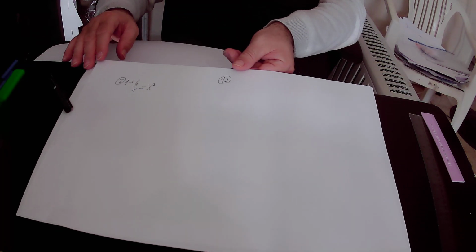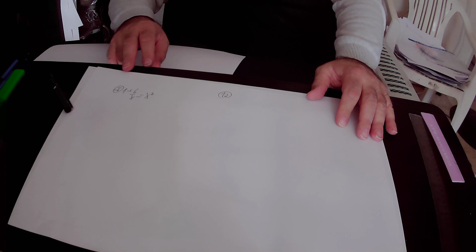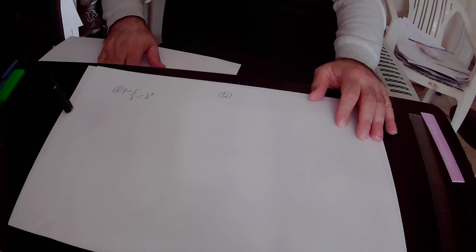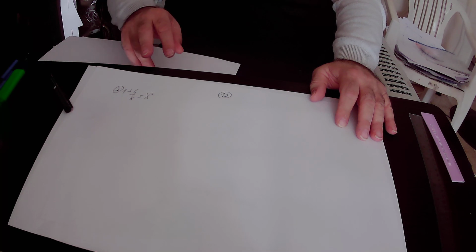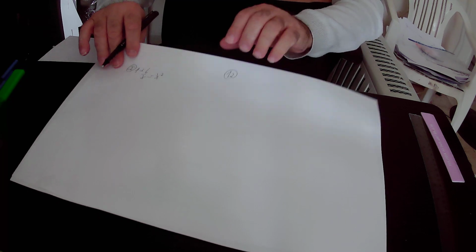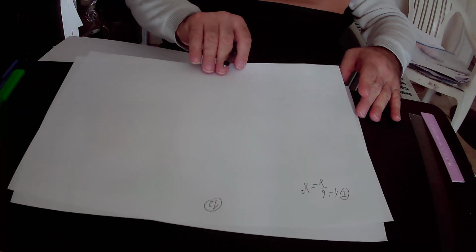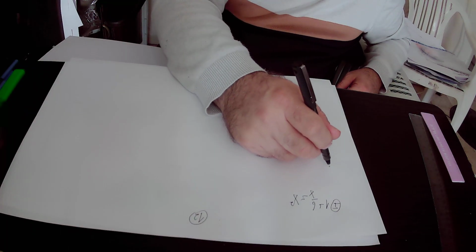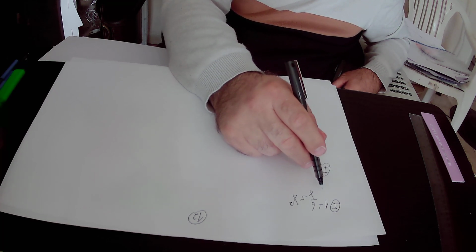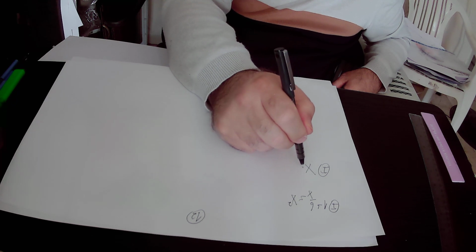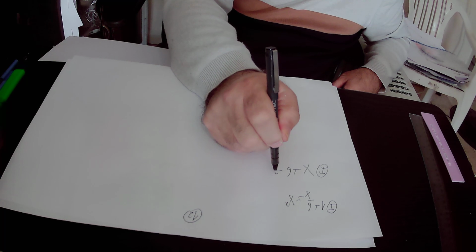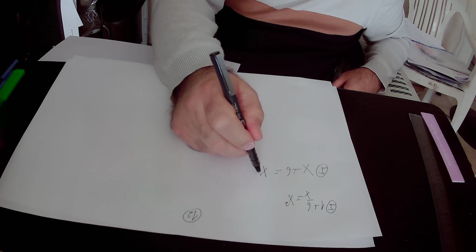So we found out that according to equation number 1, 1 plus 6 over x equals x squared. Here we will multiply equation number 1 by x, and we will get x times 1 is x, 6 over x times x is 6, and x squared times x is x cubed.